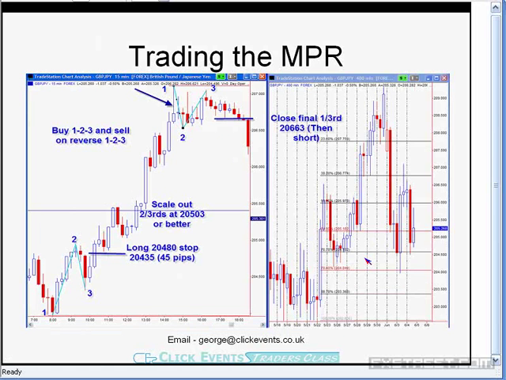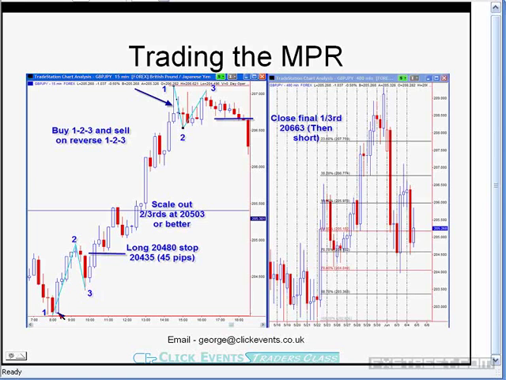Right, now let's go a little bit further. What we're looking at here on the 15-minute chart is one of these 1, 2, 3 multi-point reversals. Previously we'd had price moving on down, and we then have a pivot, which is a low, followed by a move up, which just happened to take out the preceding lower high, and then on down to point 3, which was followed by a Hallmey.